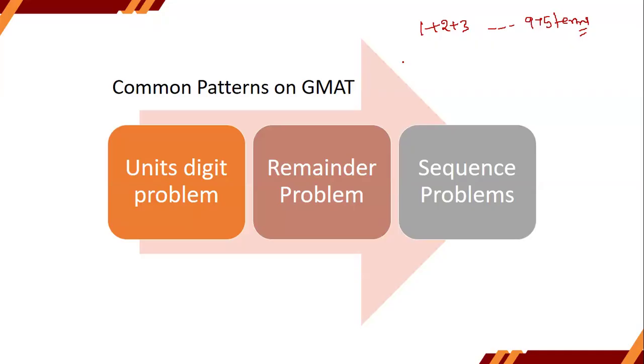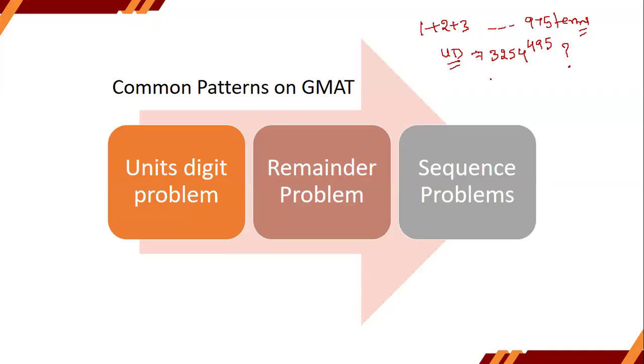Or maybe the question asks you to find the unit digit of, let's say, 3 to the power 5, 4 power of 495, right? Is it possible to figure out the unit digit of this? No, it is not possible with just a simple calculation, right?